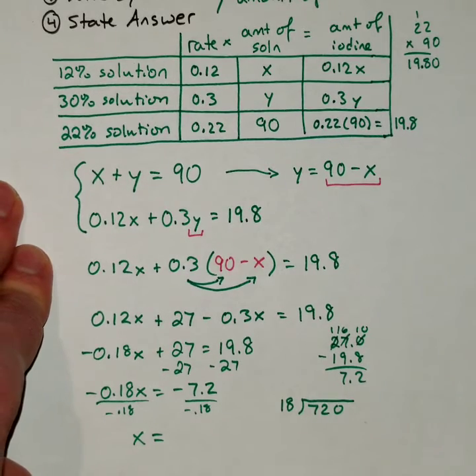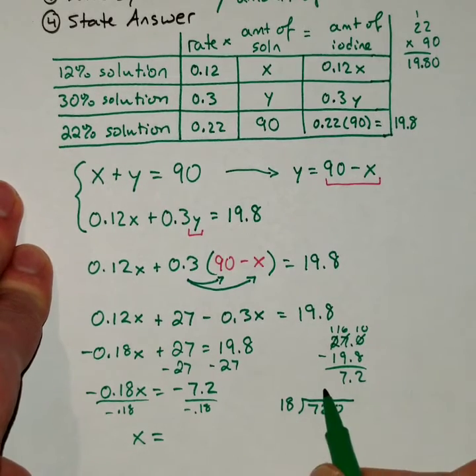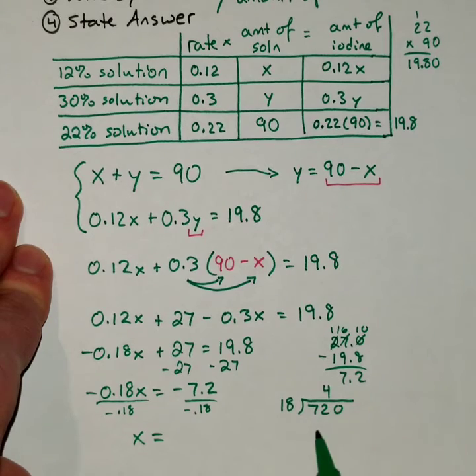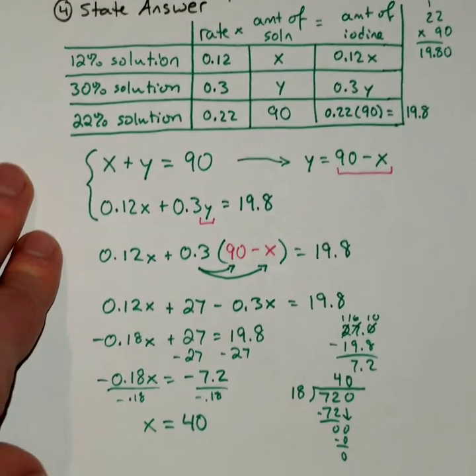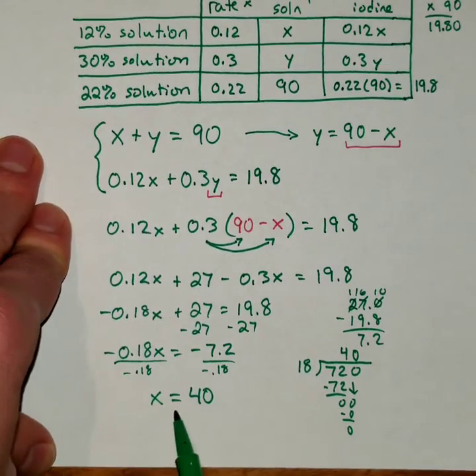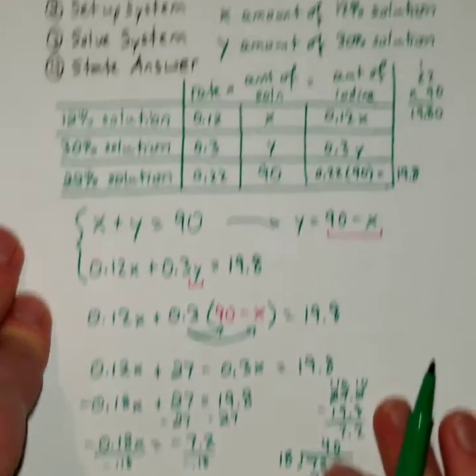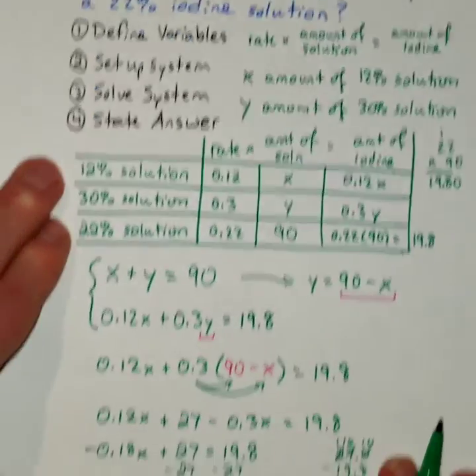That moves it twice in both spots. 18 goes into 72 4 times. 4 times 18 is 72. And 18 goes into 0 zero times. So it is going to be 40. All right, and so that ends up being the amount from the 12% solution.